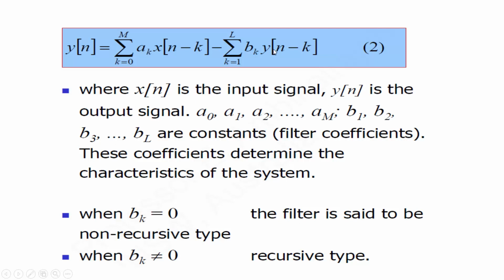When b_k is 0, the filter is said to be non-recursive type. There will not be any feedback path. When b_k is not equal to 0, the filter is recursive type, and this term will be present in that case.